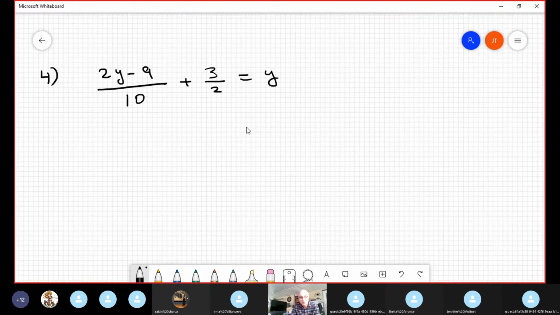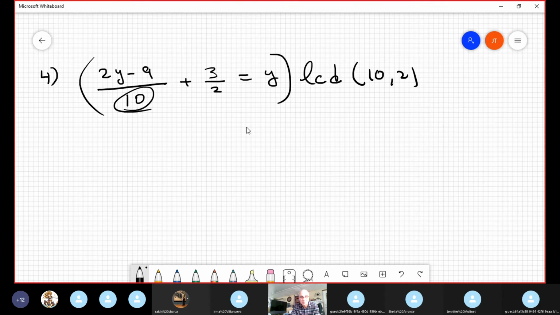The fantastic way to eliminate the fraction, as we studied before, is to multiply the entire equation by the least common denominator. In the denominator, I can see that we have 10 and 2, and the least common denominator is obviously 10.